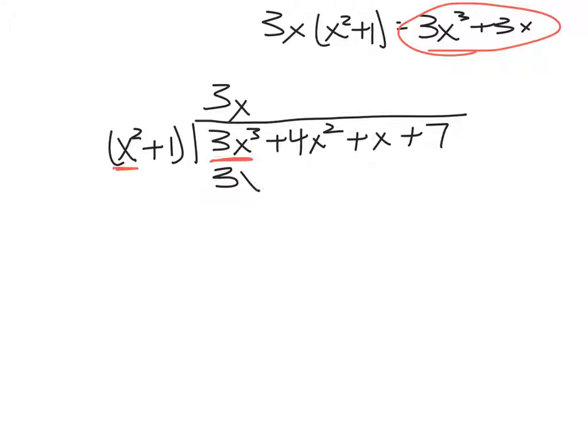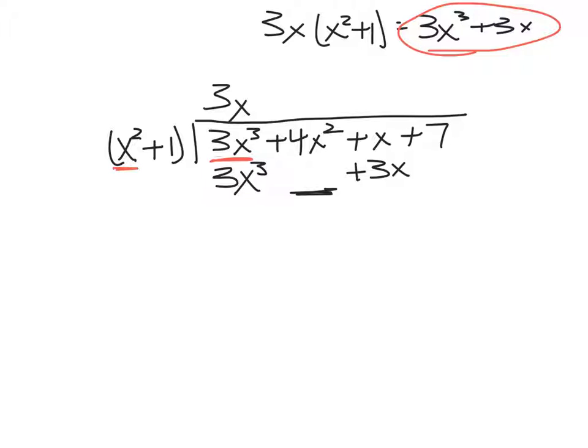But what we have to be careful about with polynomials is, does the degree of the term match what's above it? If we were to write the 3x here under the 4x squared, they are not like terms. So we're going to move over, we'll just leave that blank, and we have a plus 3x here.